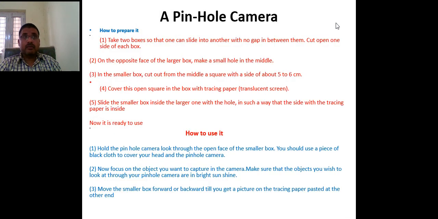This part we will discuss after, in the next class. What you have to do: you have to understand about light. After that, you have to discuss the properties of light, which are mentioned in the introduction part. Another thing you have to understand is luminous and non-luminous objects, and what the different examples of luminous and non-luminous objects are.